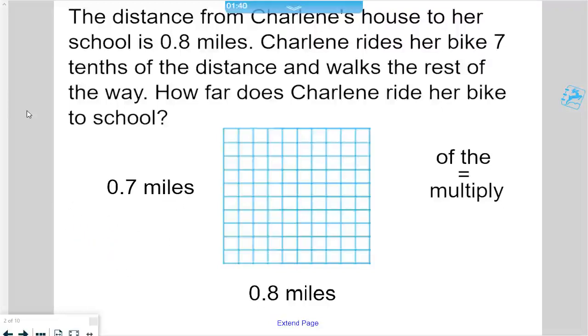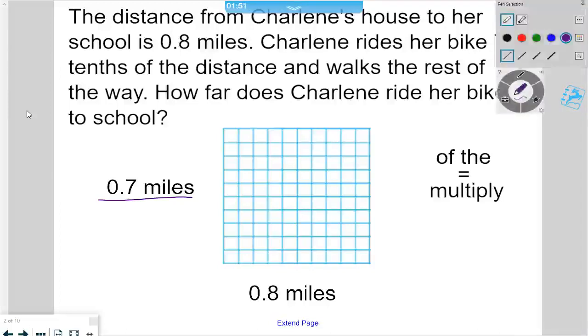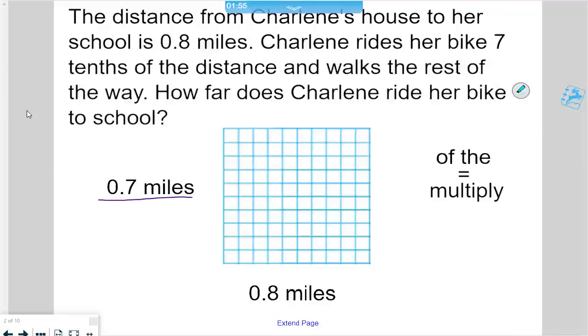So the first thing we're going to do is take our 0.7 miles, our 7/10 of a mile. I'm going to make a highlighter here. And we are going to take that and look going east to west, left to right. I'm going to color in 7/10. 1, 2, 3, 4, 5, 6, 7.